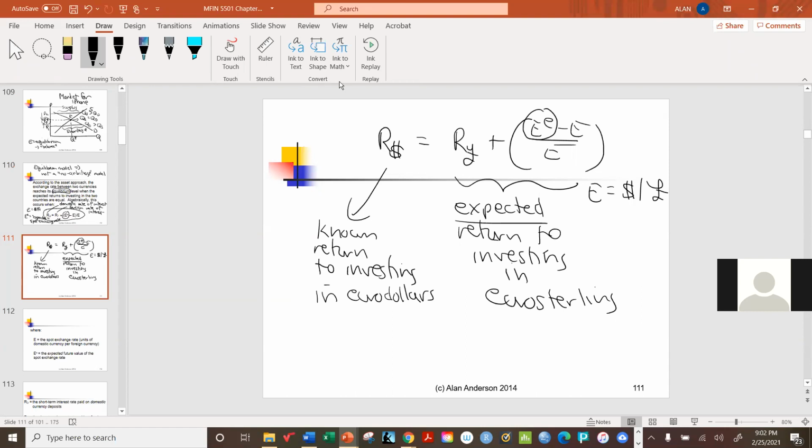And so basically, what these two terms represent is the following. R pound is the return in pounds to holding euro sterling.